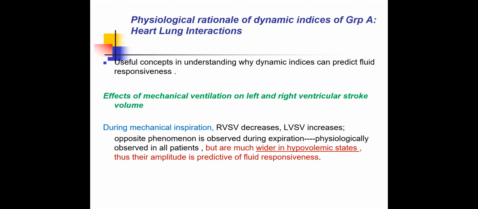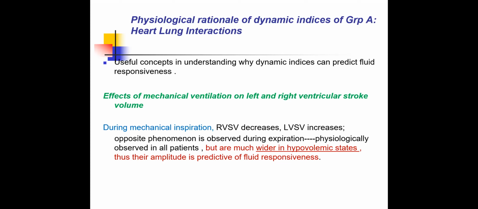During mechanical inspiration, right ventricular stroke volume decreases. At the same time, the left ventricular stroke volume increases. Now, the opposite phenomenon is observed during expiration. This is physiologically observed in all patients, but the variations are much wider in hypovolemic states.